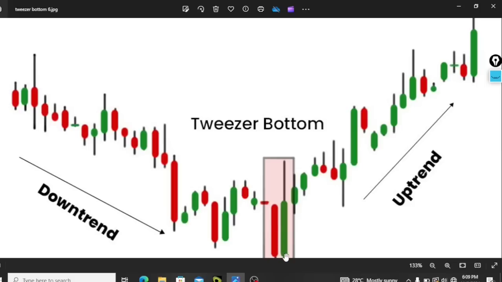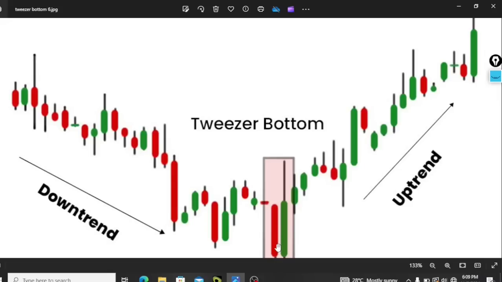So tweezer bottom is just two candles of equal length and size, one being a bearish candle and one being a bullish candle. So the last bearish candle is overtaken by a bullish candle, and the candles are actually of equal length and size. That will show you that it's a tweezer bottom, and it's a very powerful bullish reversal candle.